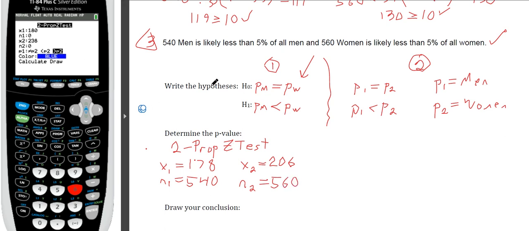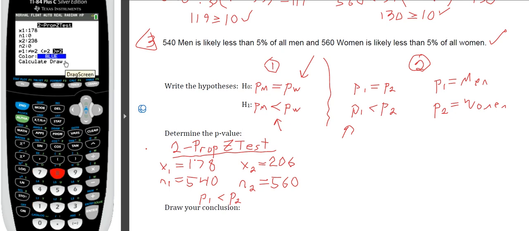And the direction that we use in our hypothesis test was less than. So we have p sub 1, which is for men, is less than p sub 2, which was for women. So there is a benefit then for doing the second method, because then it'll align a little bit easier with your testing. However, it shouldn't really matter. So it's up to you, whichever one you want to do.